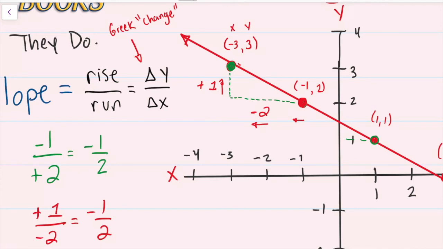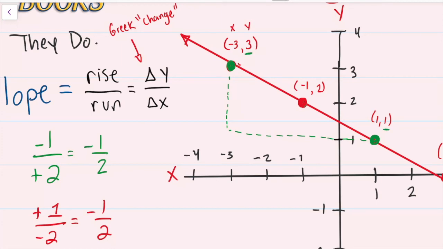And I know some of you are still going to wonder, Mr. Milano, what happens if you pick different points? Let's check it out. What about we stay with this point and we go all the way over here? Once again, rise over the run. How many did I go down?